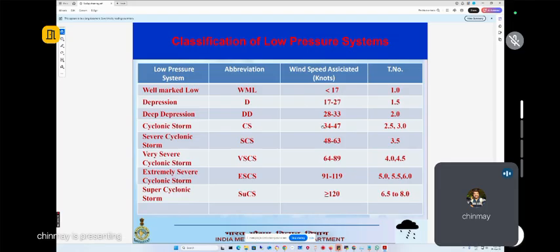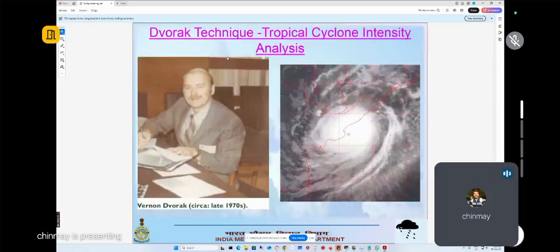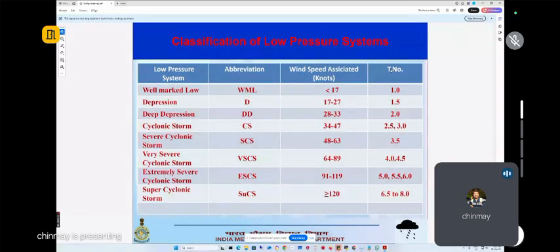But this is decided based on the T number. This is the T number that we actually get by using the Dvorak technique. T stands for tropical, because this technique applies only to tropical cyclones. So this T signifies that this is a tropical cyclone, and the T number is actually the intensity.